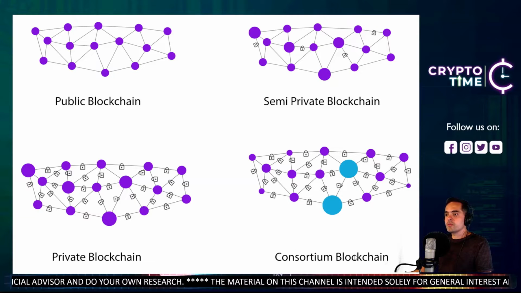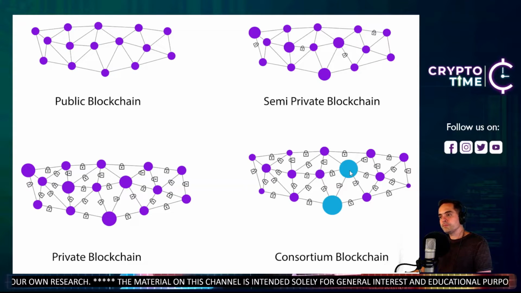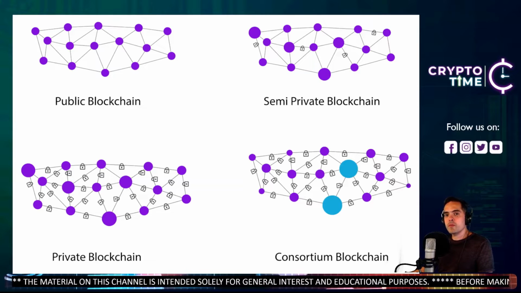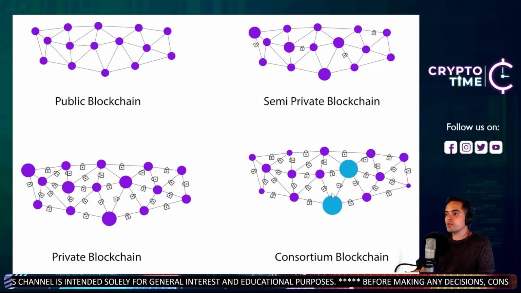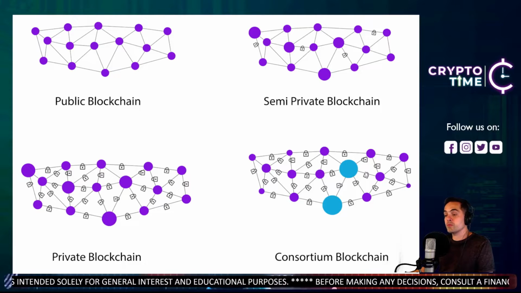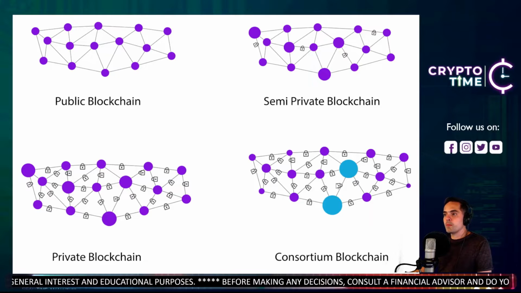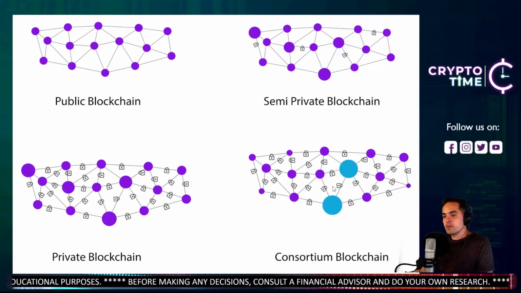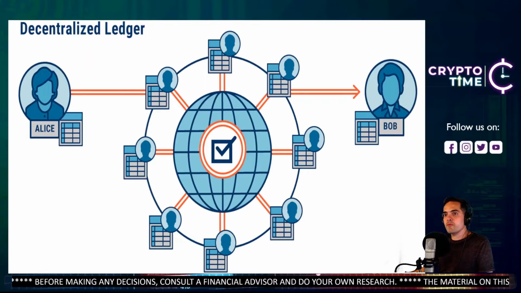And then the consortium blockchain, where different corporations or companies have access to certain parts of that blockchain, so more than one private organization. Okay, so let's move on. Those are the types of blockchains.